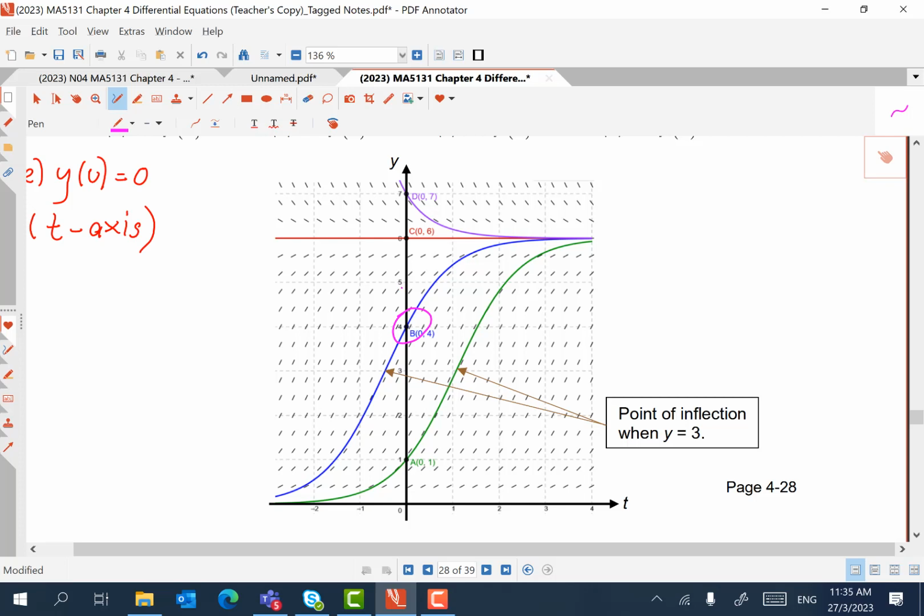But in most circumstances, when you start off below L over 2, your inflection point, or the point with the highest gradient, occurs at L over 2, when y is L over 2. This is something you want to note, because believe me, it will always ask you to draw the graph.